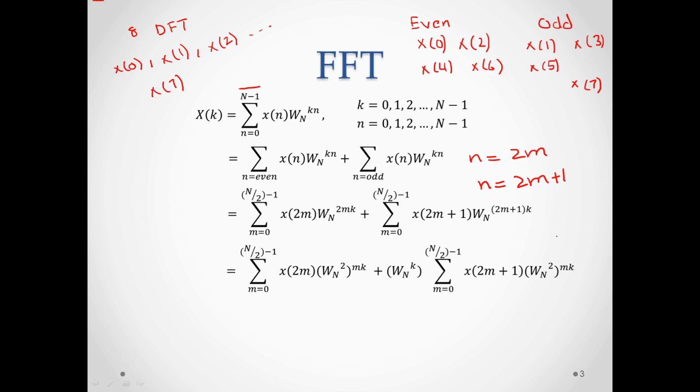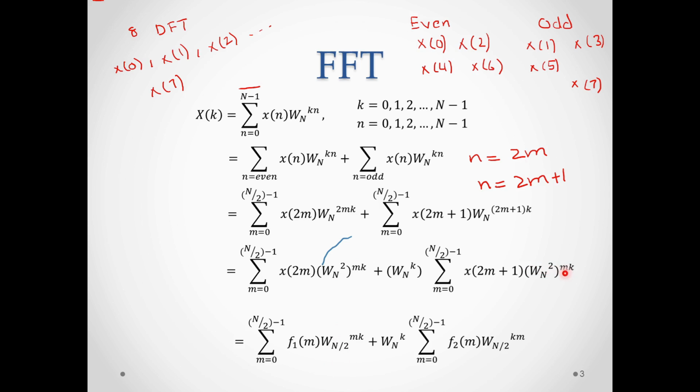Now in this formula we had W n to mk. Using the same transformation we did, convert this Wn to mk into Wn by 2 mk.